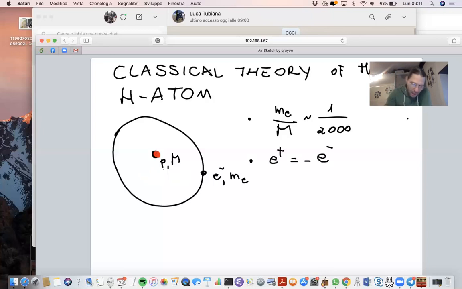On the other hand, like we said the other time, the radius of the proton is roughly speaking 10 to the minus 15 meters, whereas the radius of the atom is typically 10 to the minus 10. So for all practical purposes, we can regard the proton too to be point-like. So point-like protons.